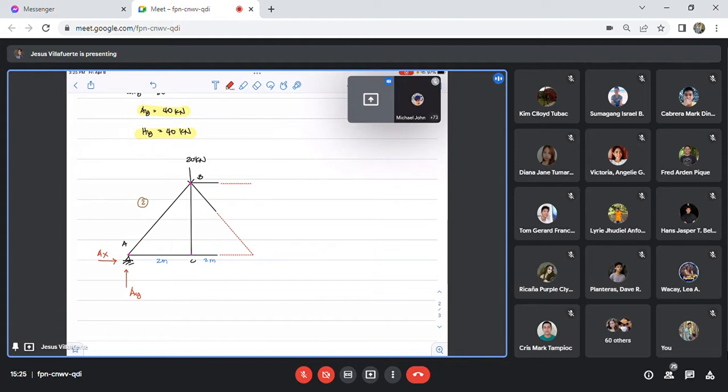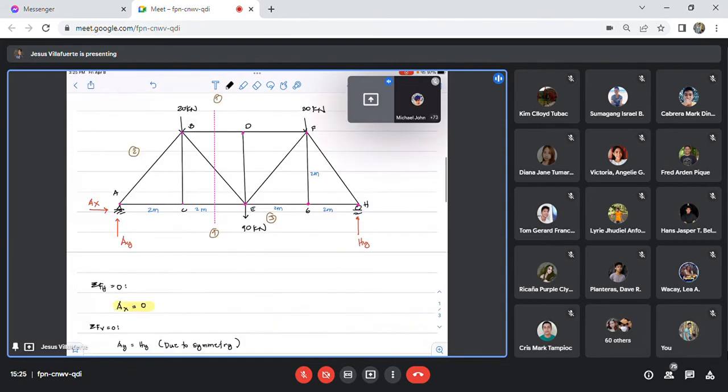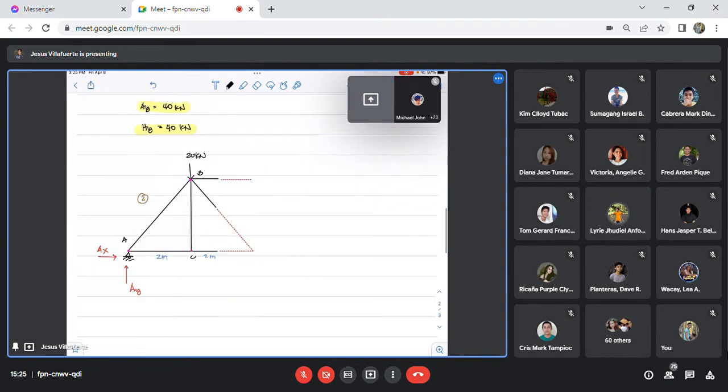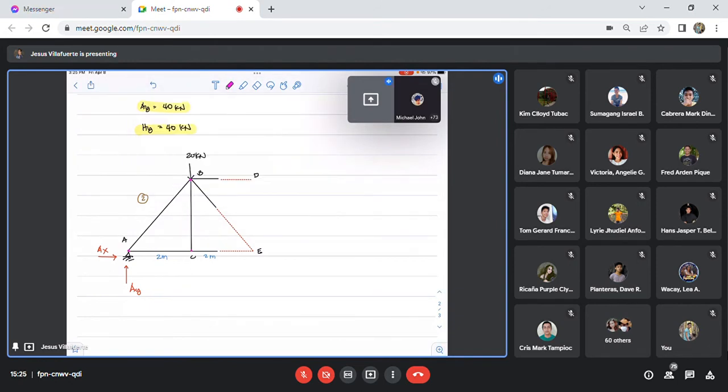What points are these? This is A, B, C, this is D. And then I will just assume that these members are in tension. I will always assume that it is tension. So these are the forces.